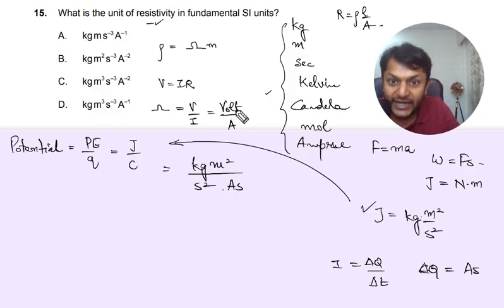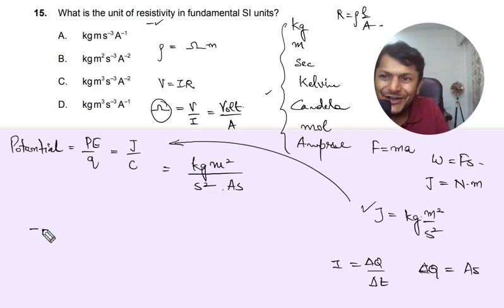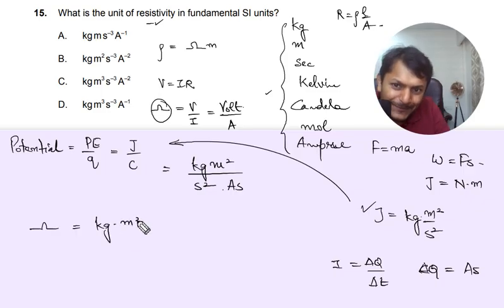Now this is potential, so I would be substituting in the potential. So for the resistance ohm it will be kg meter square over second cube. I am making this second and second, and there is another ampere here, it becomes ampere square.